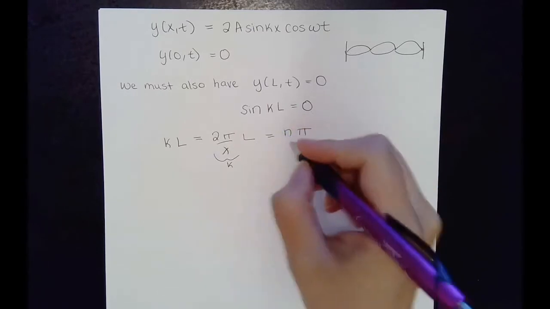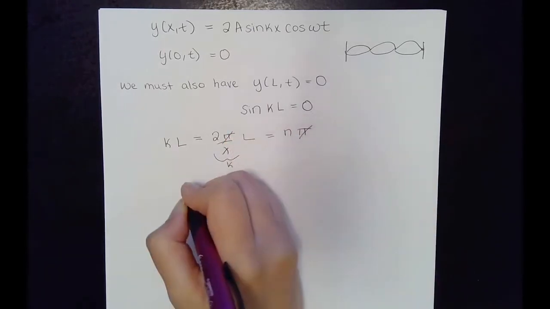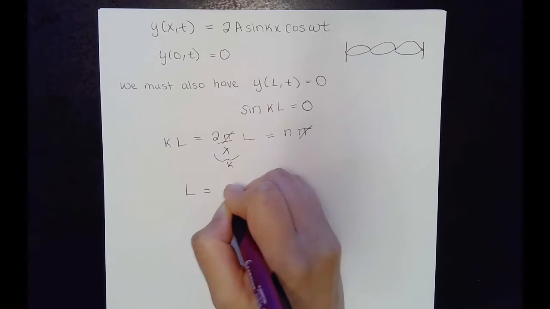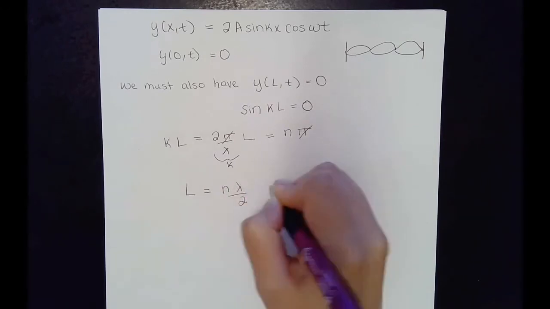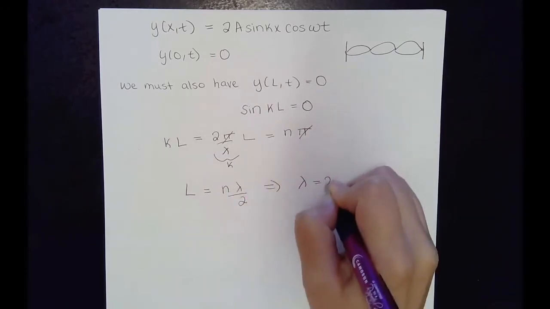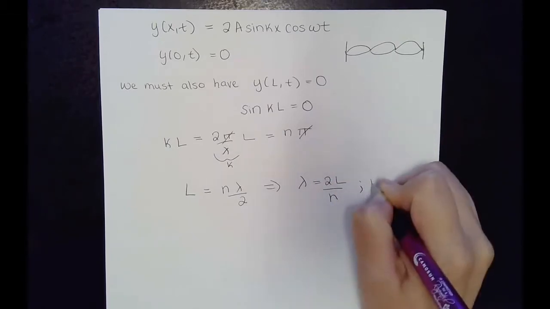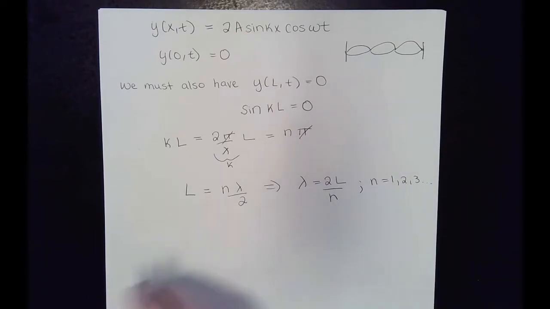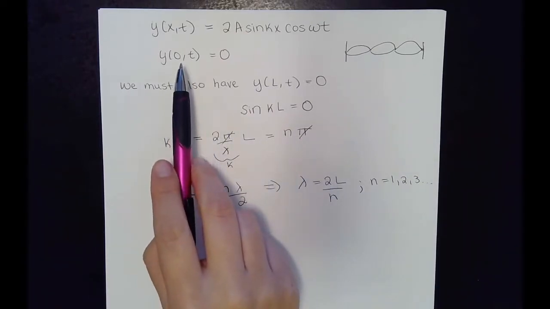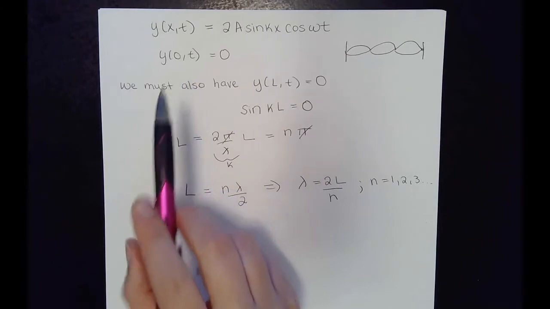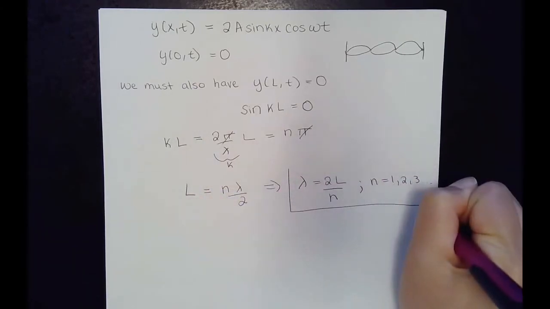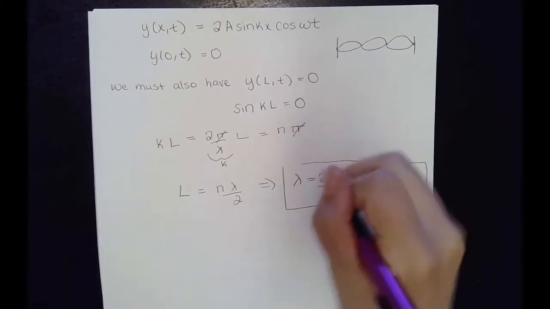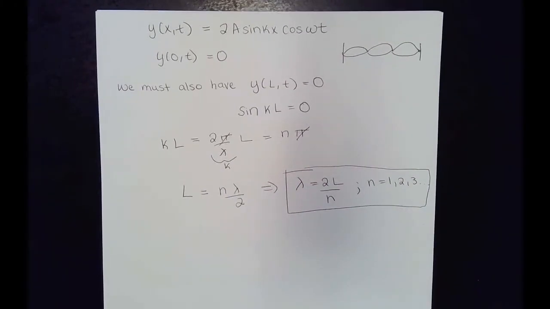So with pi canceling, we have L equals n lambda over 2, or lambda equals 2L over n, where n is 1, 2, 3, and so on, any positive integer. We don't want 0 this time because, as I was saying, that gives us the first boundary condition. So this will give us the wavelengths of the waves that produce standing waves in this string. These are the only wavelengths where standing waves will occur.